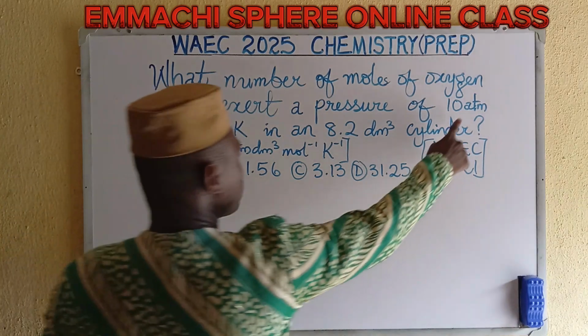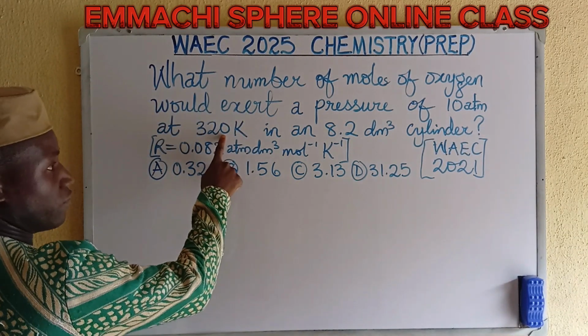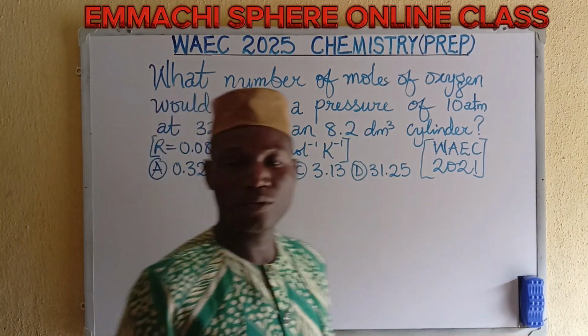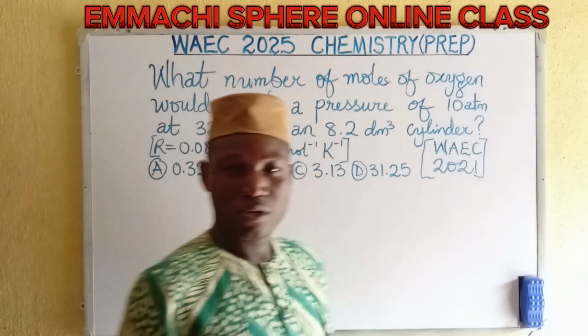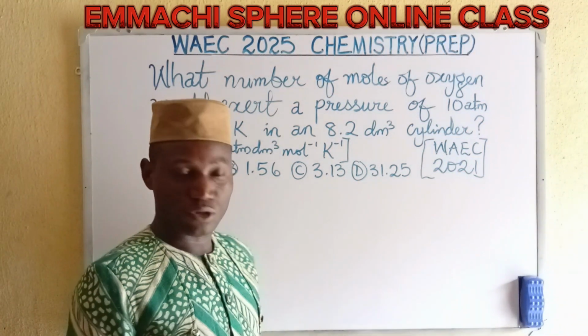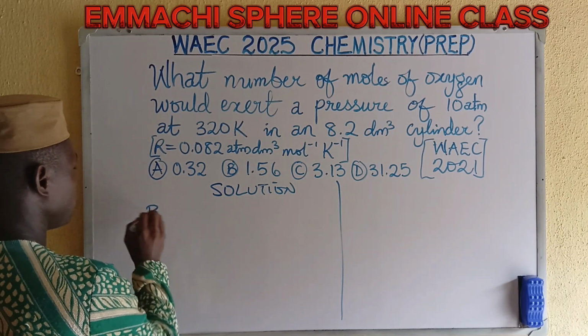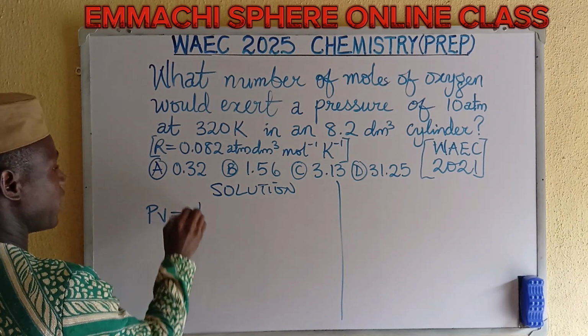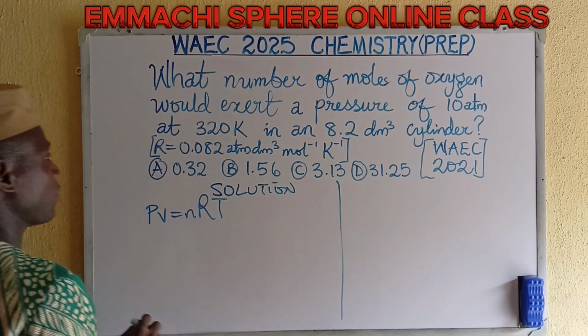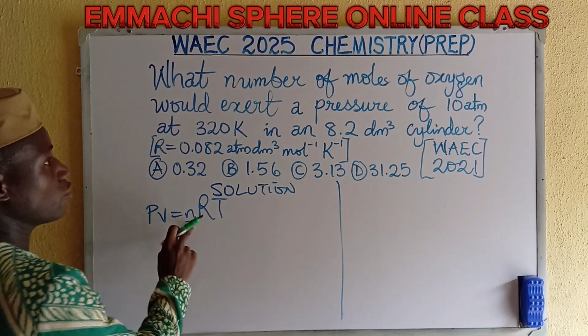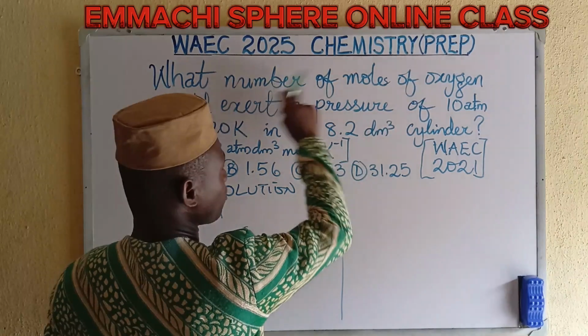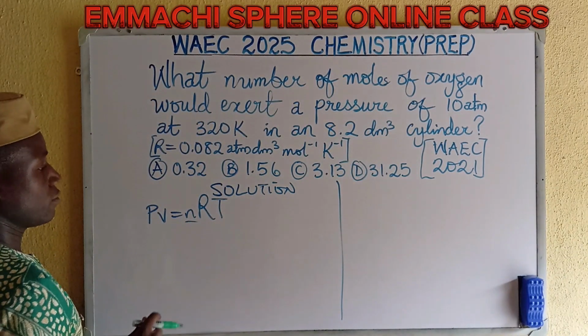Because pressure, temperature, and volume are all given, we must adopt the ideal gas equation. The ideal gas equation, PV is equal to nRT. Now we are looking for the amount of oxygen in moles, that is the number of moles, n.